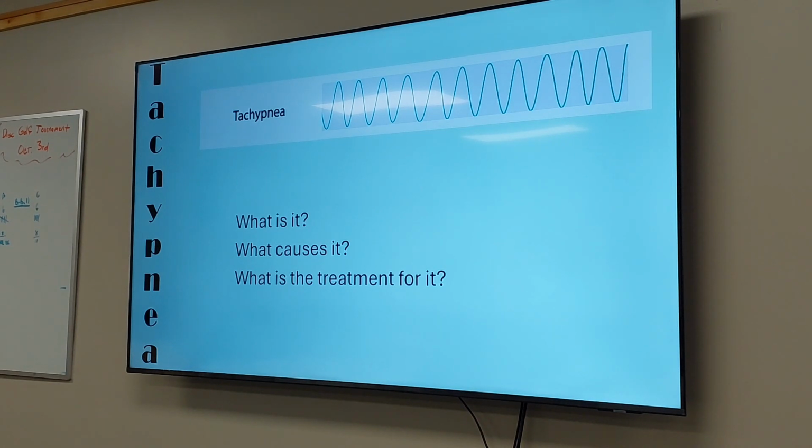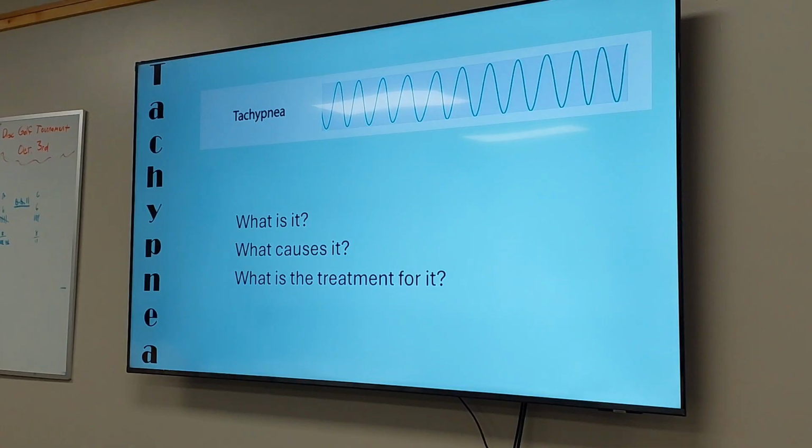Hyperventilation, anxiety, environmental, high altitude, allergic reactions, asthma, blood clots, carbon monoxide, COPD, sepsis, cardiac conditions, aspiration if they've aspirated, and reactions to medications.